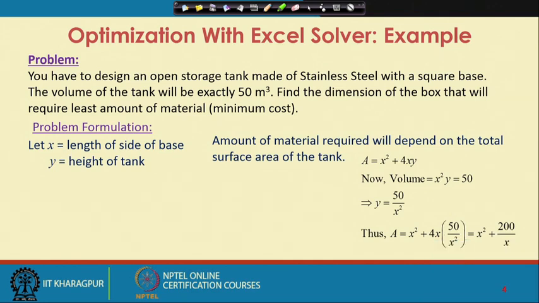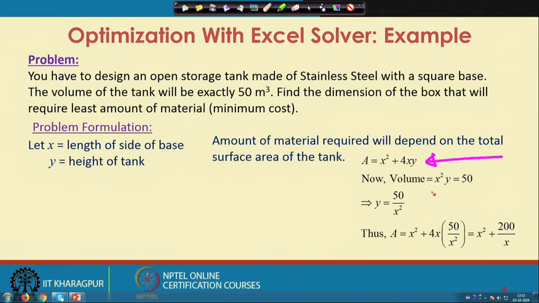So, if we consider x as length of side of base and y as height of tank, the total surface area of the tank can be computed as x square plus 4 x y, where x square is the surface area for the base and 4 x y are the surface area for 4 side walls. The volume is given as exactly 50 meter cube.